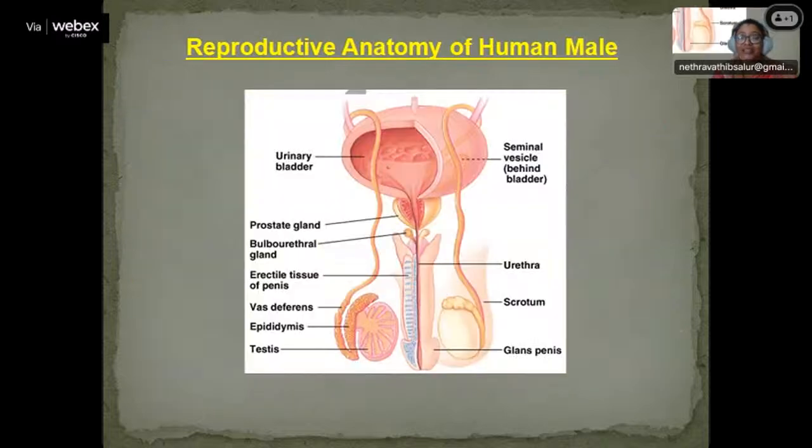So this is the male reproductive system diagram that you can see in the slide. This is the testis, which is the primary sex organ, and these are the accessory ducts. And here you can see the glands, that is the prostate gland, the bulbourethral gland, and the seminal vesicle, and this is the external genitalia.